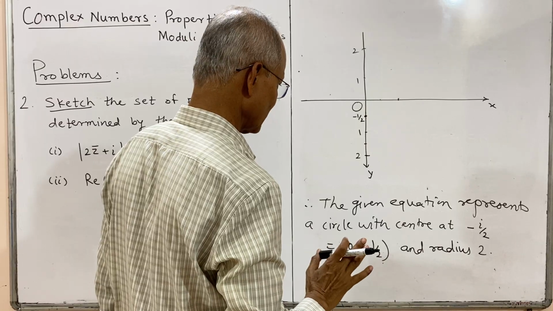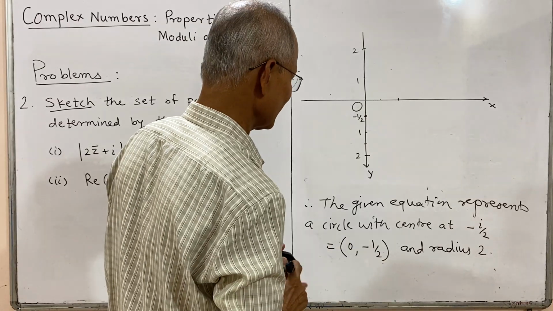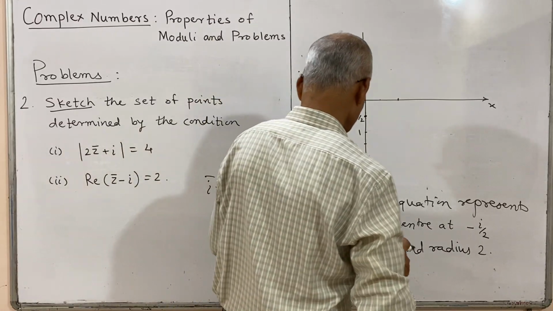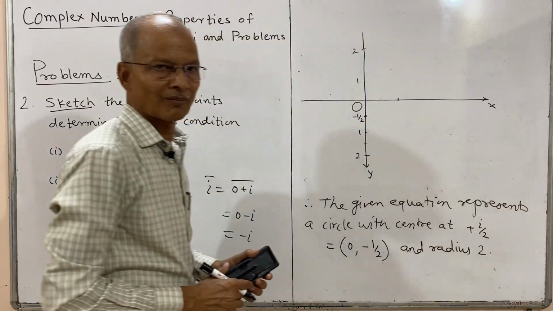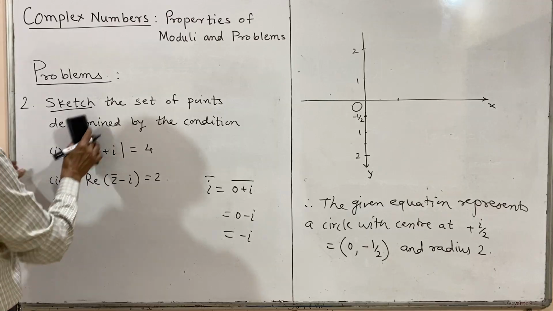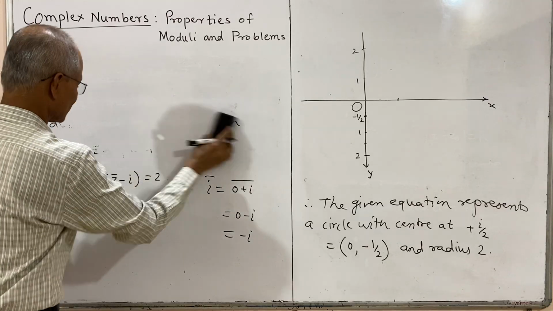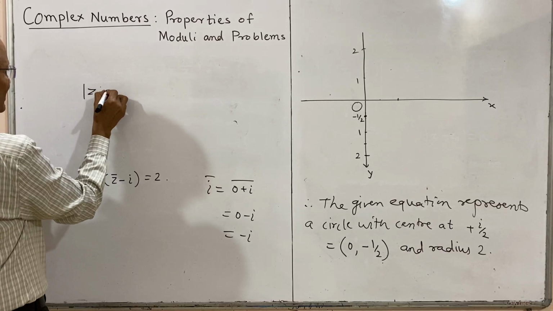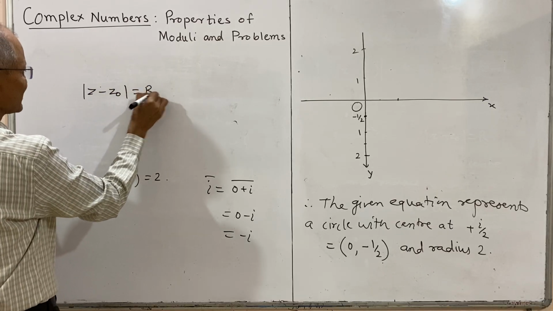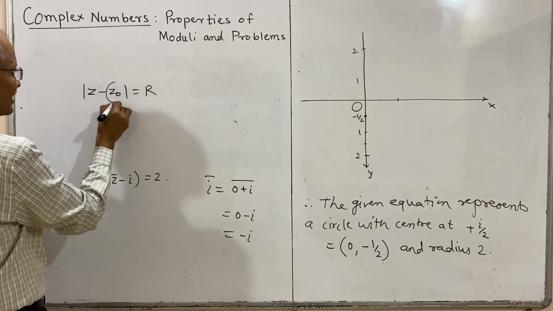So there is a mistake. It represents a circle with center at plus i by 2, not minus i by 2, because what we have is z minus z naught. Mod of z minus z naught is equal to r represents a circle with center at z naught.